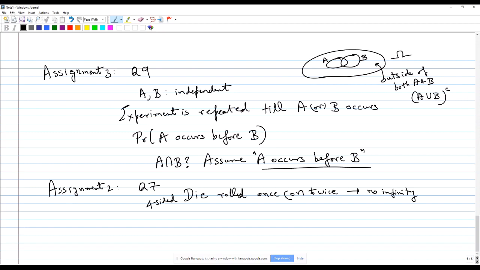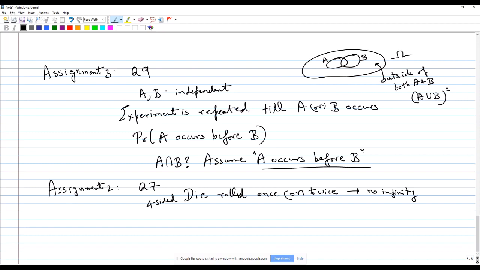If the result is 1 or 2, you will roll it once more. Otherwise, you will stop. What is the meaning of otherwise? If you got 1 or 2, you will roll the die once again. If you got 3 or 4, you'll anyway stop. Now, the total number of rolls is at most only 2. You don't keep on rolling.